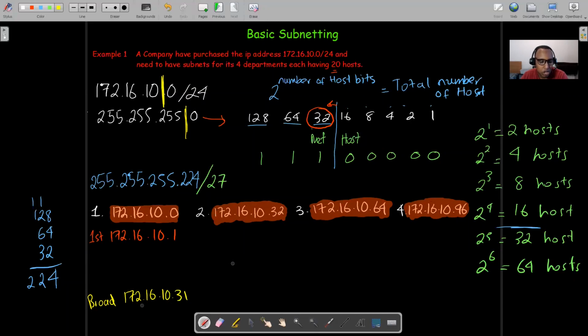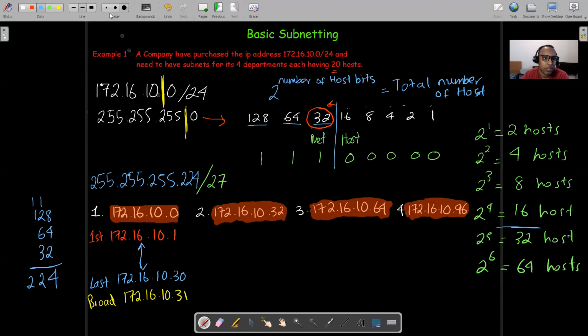So this will be our broadcast address to communicate with all of our IP addresses in this subnet specifically. And so the last IP address usable for any of our hosts will be 172.16.10, and it will be 1 minus the broadcast. So the broadcast is 31, so the last address will be 30. So everything between here will be used for our hosts. So that's the first subnet.